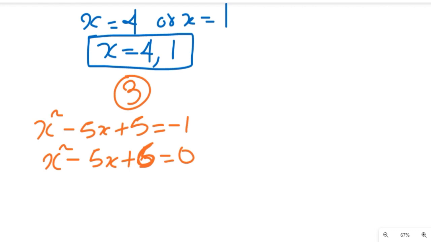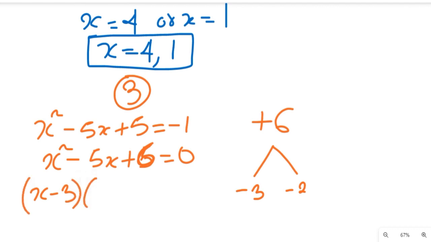Now we're going to find two values that will multiply to give us plus 6, and when we add those two values, we get minus 5. What are those two values? We'll have minus 3 and minus 2. So our x minus 3 multiplied by x minus 2 will be equal to 0.